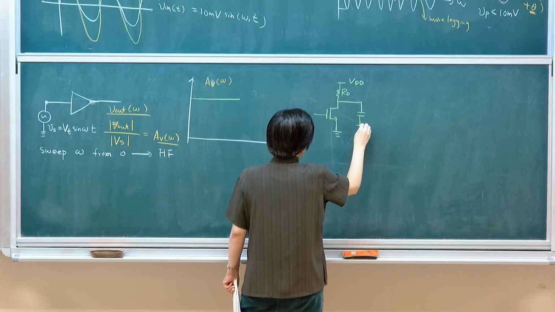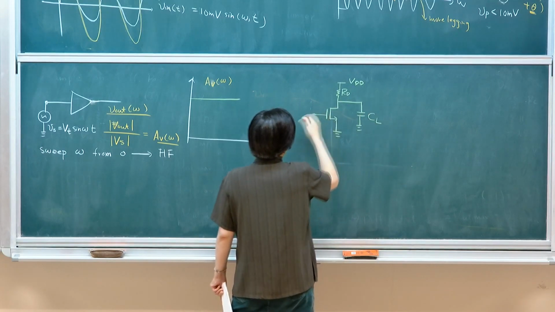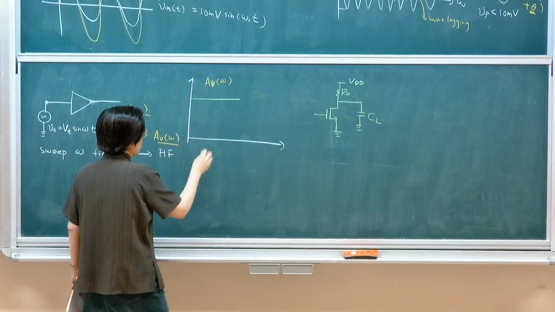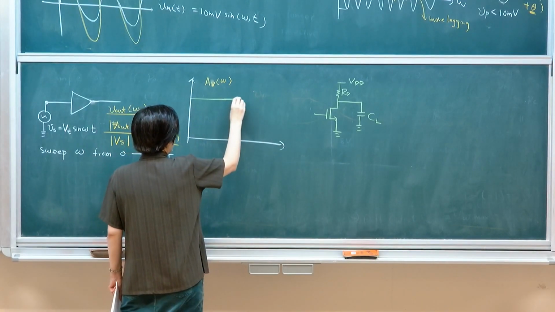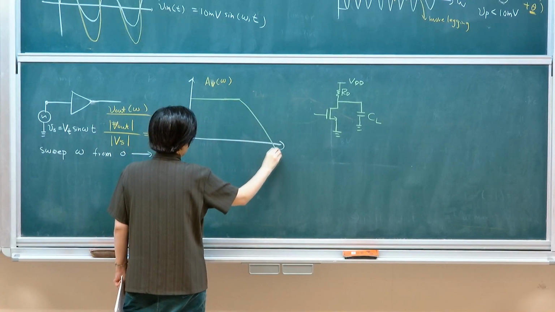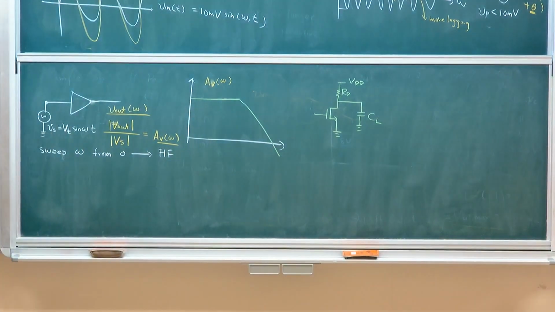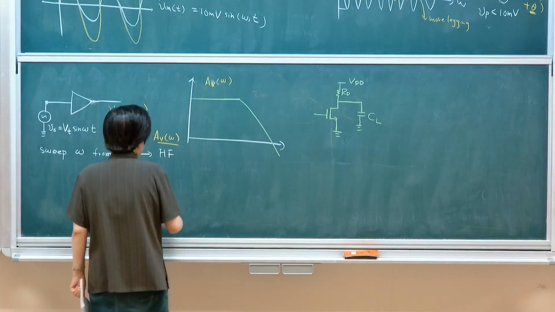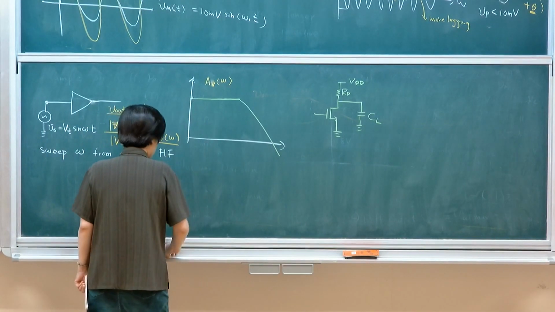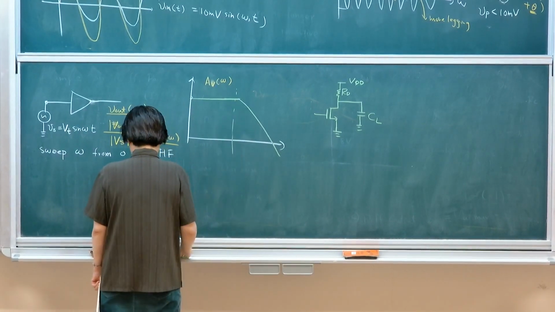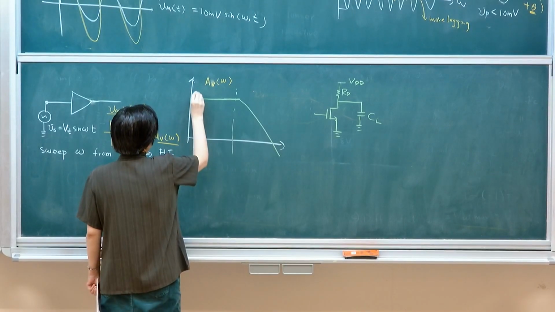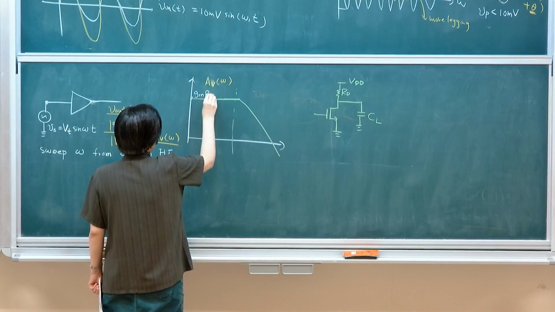With some capacitive loading, a typical response will be something like this. This will be a typical response of a single-stage amplifier. This is what we talked about before. We're assuming that its gain is probably around gm times rD.